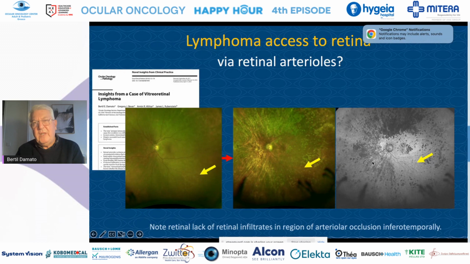And the patient developed lymphomatous deposits throughout the fundus, except in the area of the retinal arterial occlusion. So this would suggest that the retinal lymphoma starts systemically somewhere, maybe bone marrow, nobody knows for sure, and it homes into the retina through the retinal arterioles.